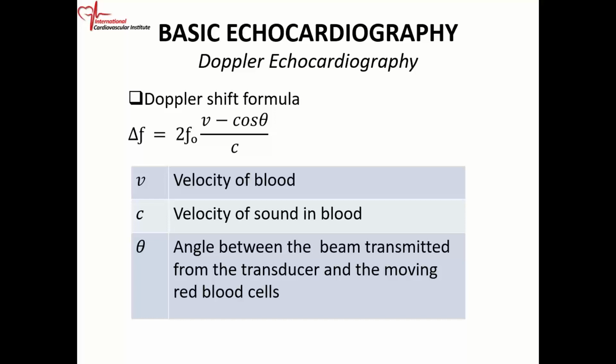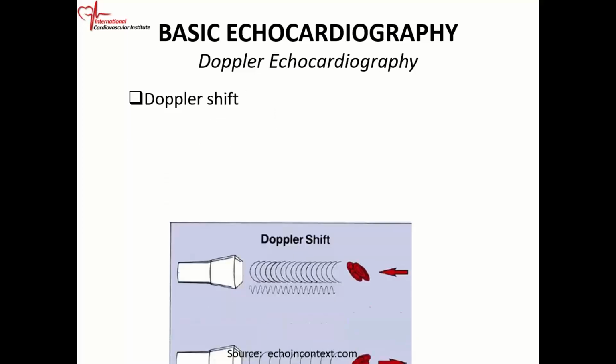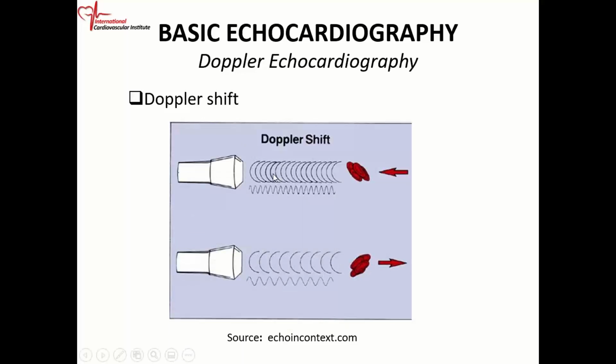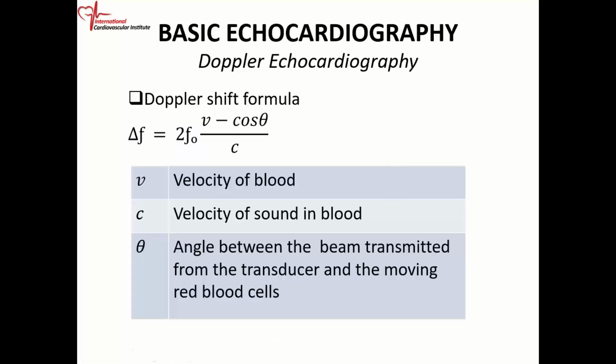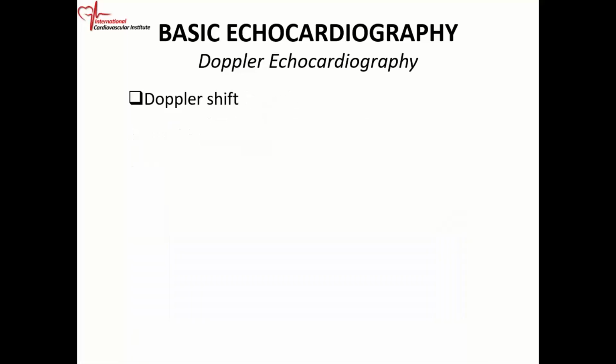Again, not a very difficult concept, because remember, when we did ultrasound physics, the sound wave is coming out, and it's like a linear thing, and it's going to meet the moving blood at a certain angle. So we'll get back to what that looks like. You need to have a visual of that.